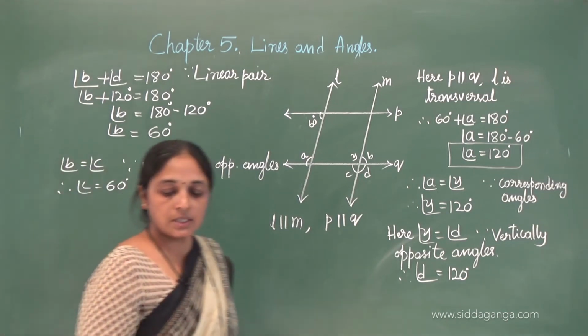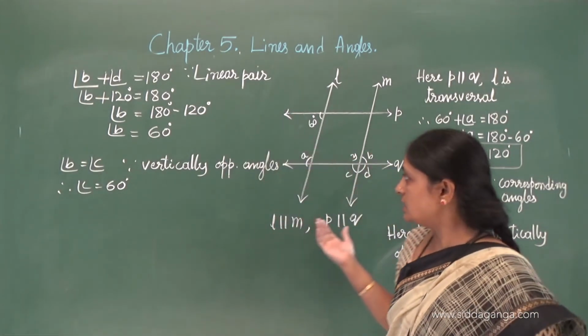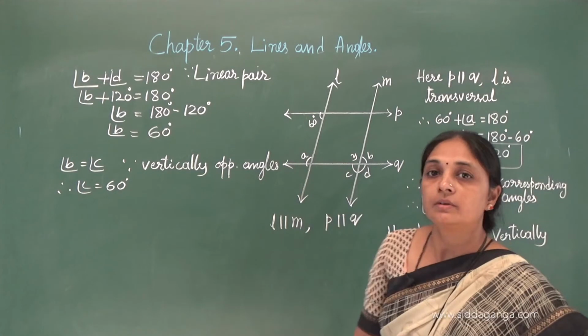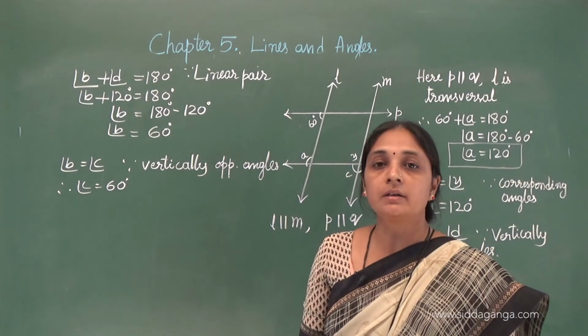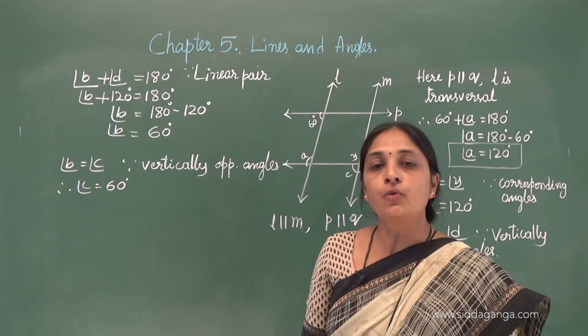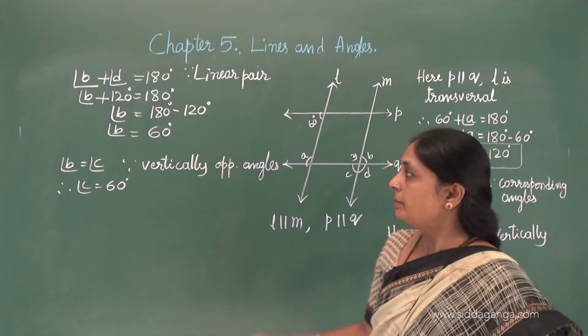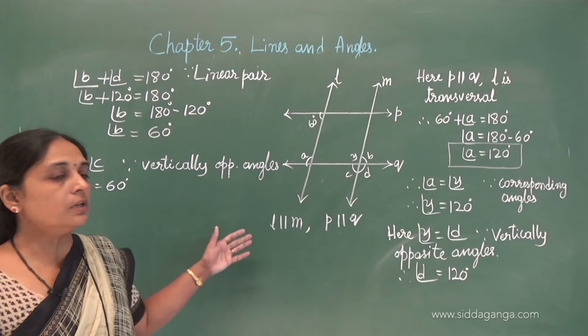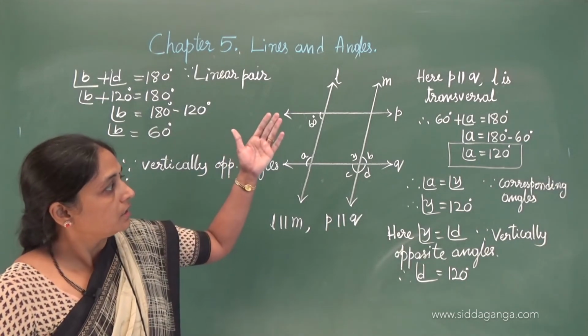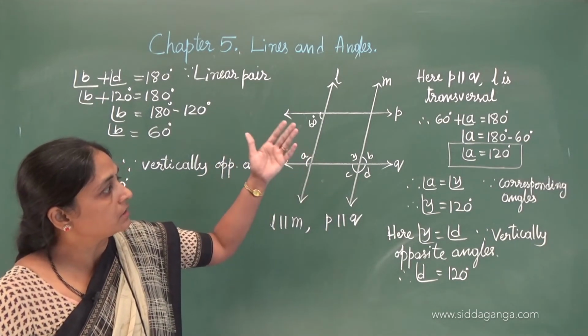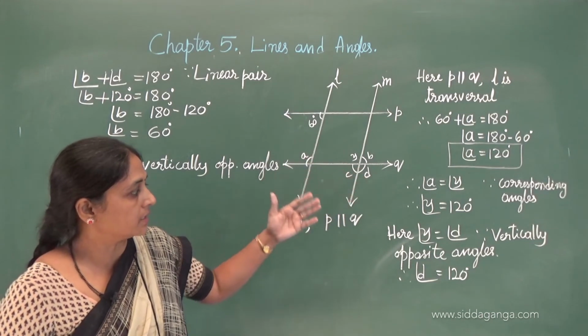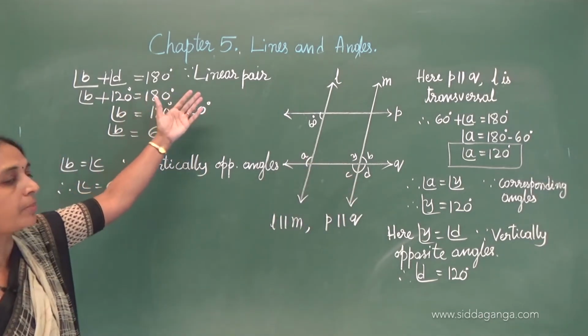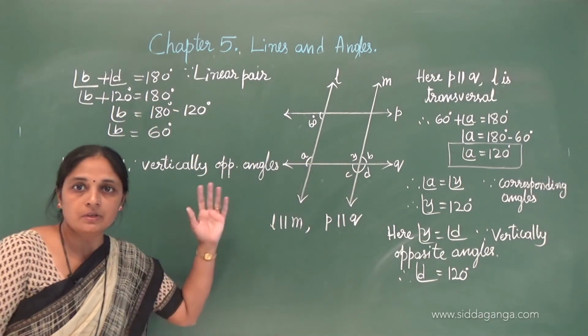So this type of sums, they may come under 4 or 5 marks. But here you have to give exact reason to your answer, so we use transversal, that is the parallel lines, corresponding angles, vertically opposite angles, linear pair, so like this, okay, have this.